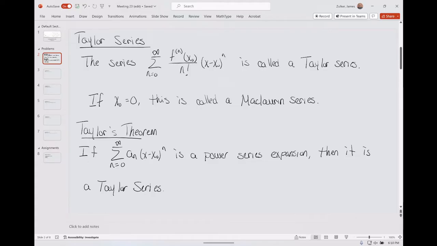There's more to the theorem. There's also an error associated with it, right? Because again, a Taylor series expansion is just an approximation if you're doing polynomials. I'm not dealing with the error.